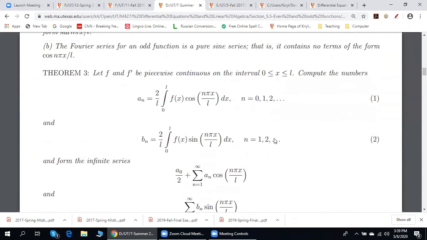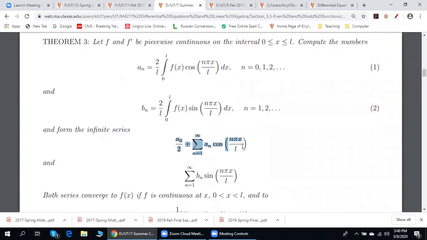If in this formula over here we set a0 is equal to 2, all other a's are equal to 0, we get what we need. F of x, which is 1, is equal to a0 over 2, because a0 is 2, plus this, where all a's here are equal to 0.